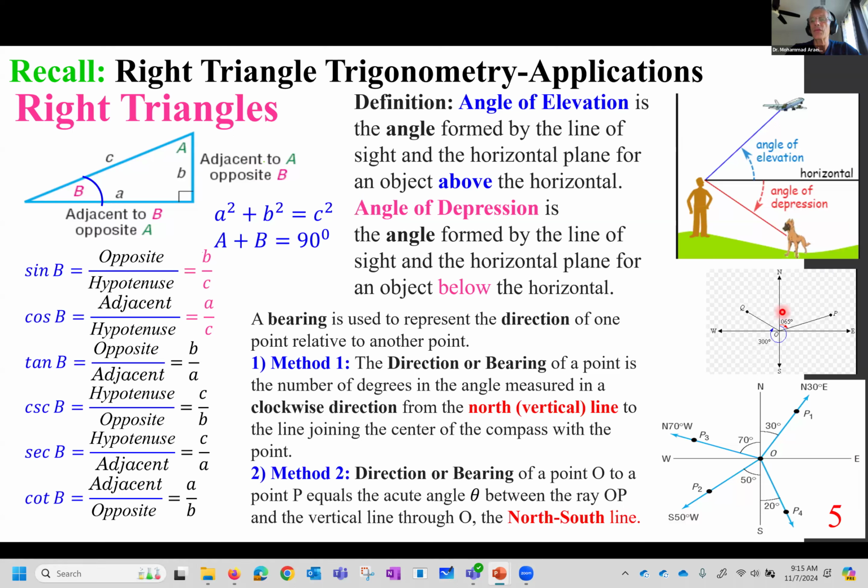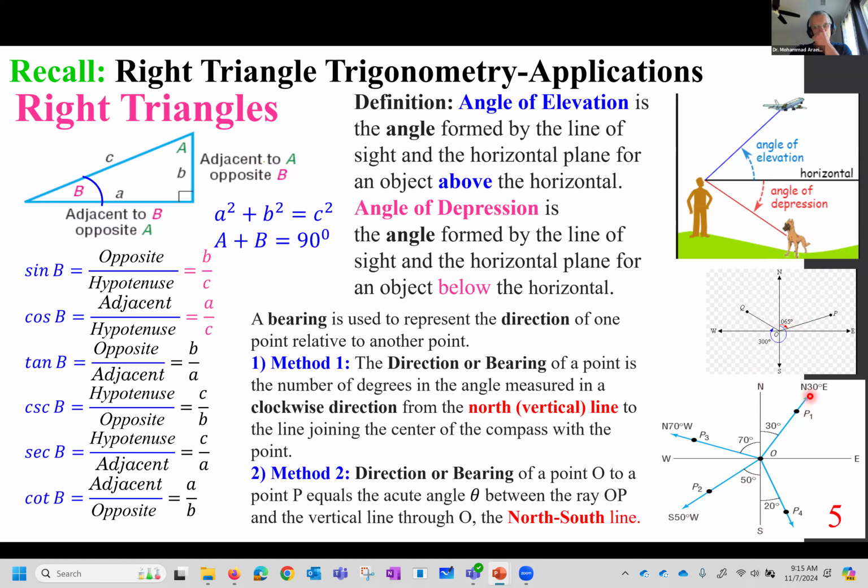In other words, method 1 says just figure out the north side and just mention the angle. So for example, this one would be 65 degrees. That's all you say, 65 degrees. This one, 300 degrees. And remember, clockwise is going this way, right? Method 2 says you compare it to either north or south, the one that is closest.